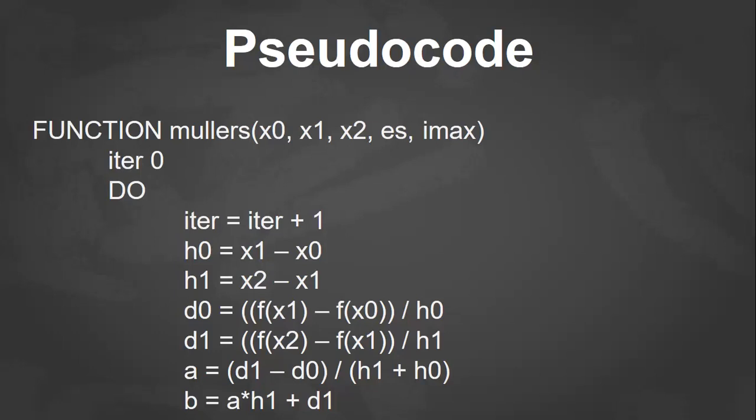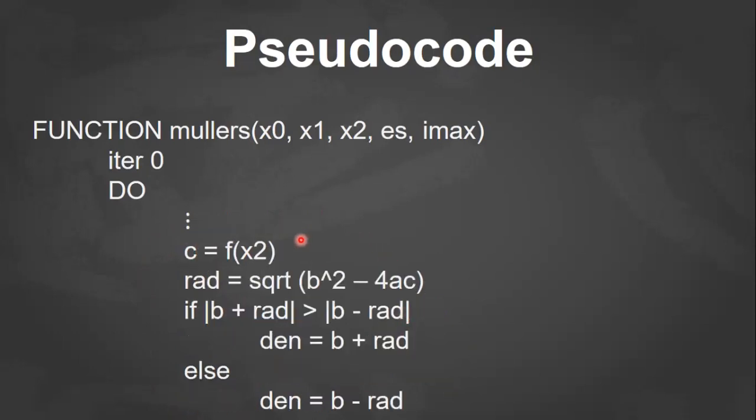Okay, here's our pseudocode. So as you can see, naa tay iteration, then naa ang mga expressions nga atong gamiton. No? So, h sub 0, h0, h1, d0, d1, a, b, and c. Okay, then, katong b squared minus 4ac. Tapos, katong sa denominator nga part.